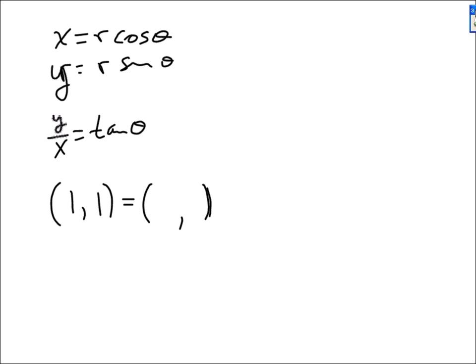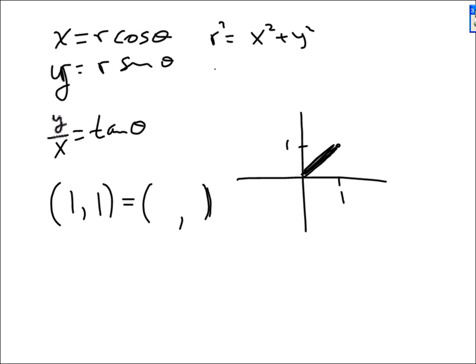I need to know two things: I need to know r, and I need to know theta. Well, let's find r. Here's 1, 1. R is this length. In fact, r squared is always x squared plus y squared, so r will be the square root of that.